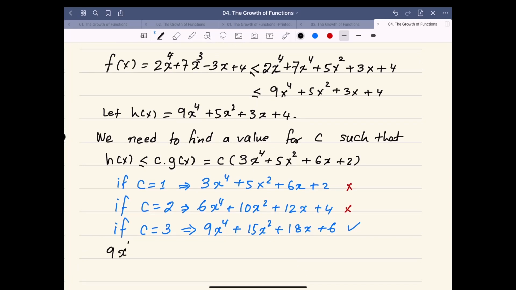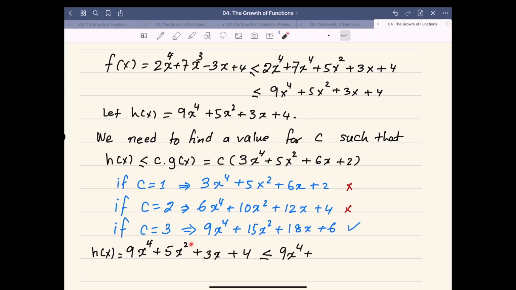9x raised to power 4 plus 5x raised to power 2 plus 3x plus 4. And maybe I should start by saying that h of x, which is equal to this, is less than or equal to, I will replace 9x raised to power 4 by 9x raised to power 4, same term.